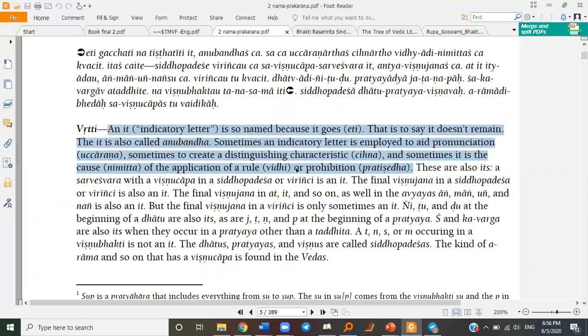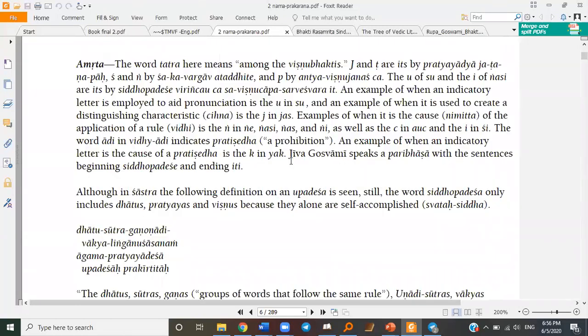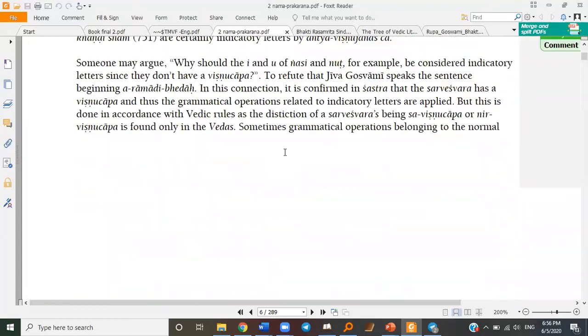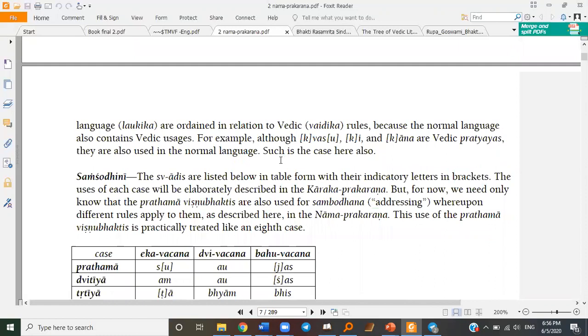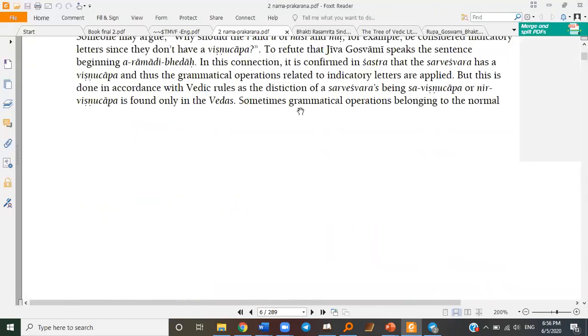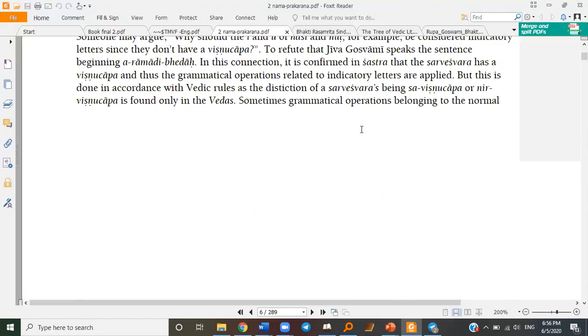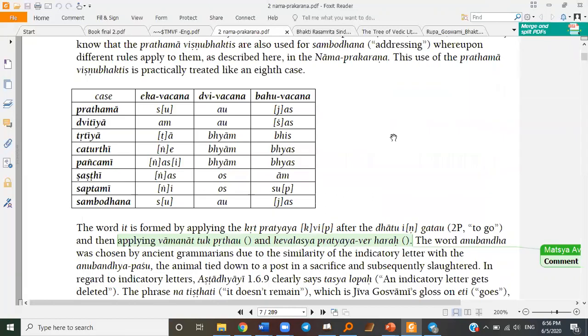Yes, Prabhu. Of course, I encourage all of you to go through everything if you have time, even if you don't understand. This is the table in English.